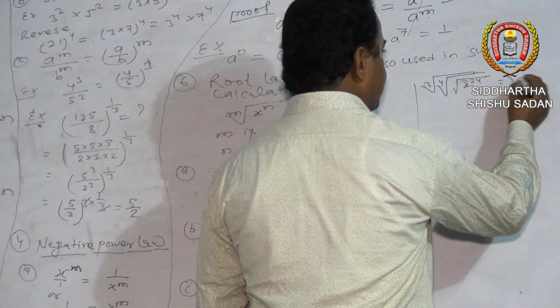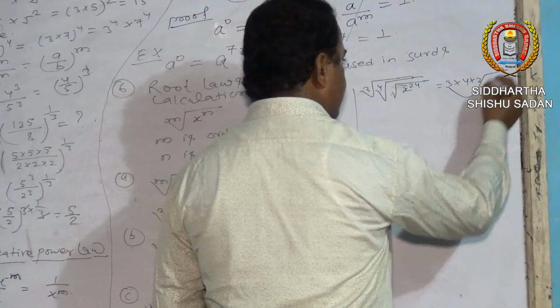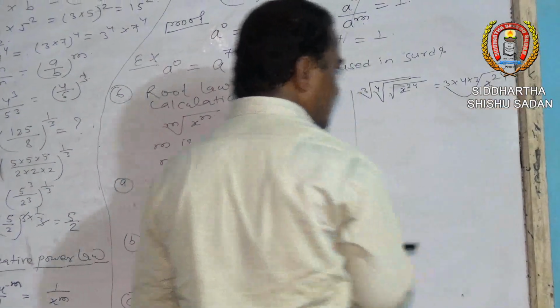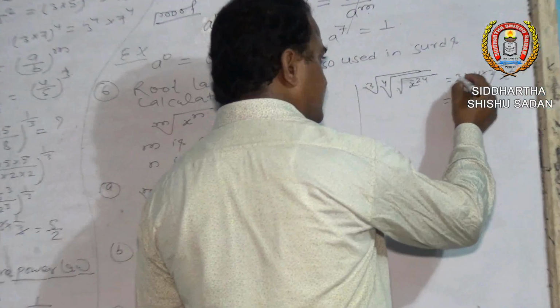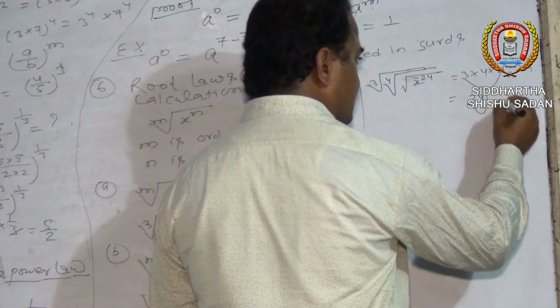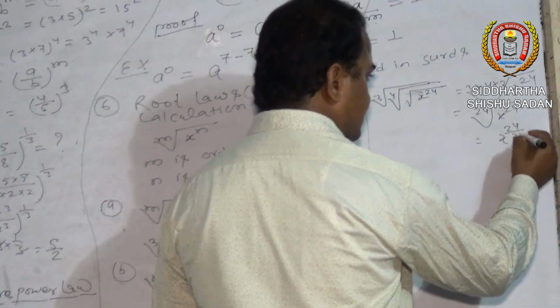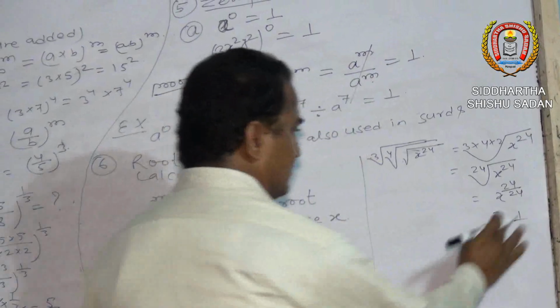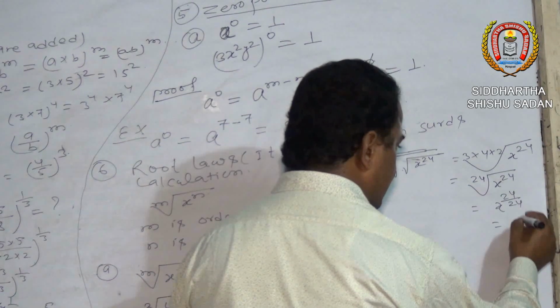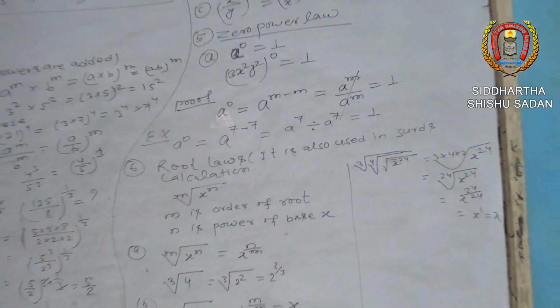It means 3 into 4. Here is 2 root under x to the power 24. It means 3 4s are 12, to the 24th root x to the power 24. That is x to the power 24 by 24 is equal to x to the power 1 is equal to x. This is.